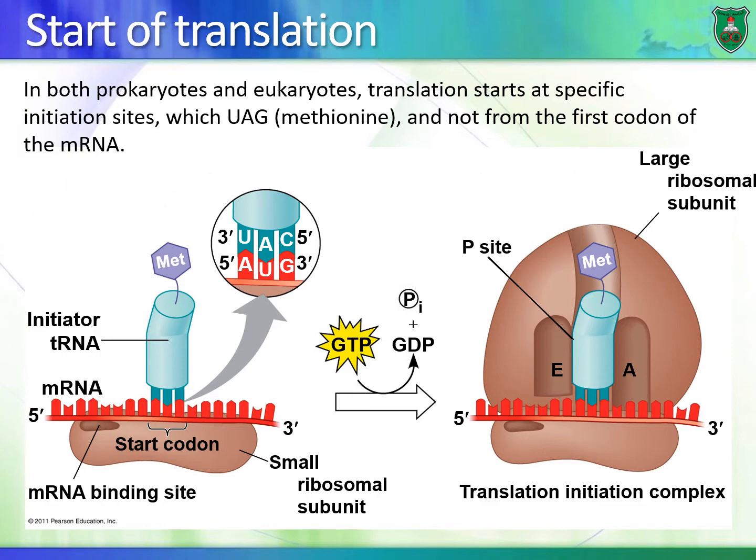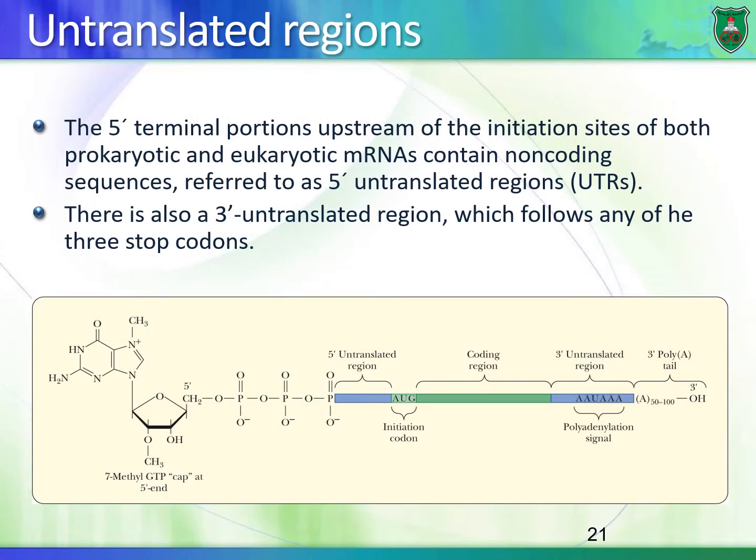Okay. Now, does AUG exist at the 5' end of a messenger RNA? No, not necessarily. What happens is that you have a few nucleotides that come before the AUG start codon. And this region is known as the untranslated region. It's the 5' untranslated region.